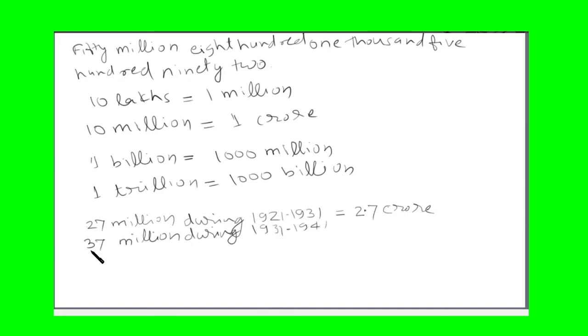The increase in population was 37 million during 1931 to 1941, which is equal to 3 crore 70 lakhs or 3.7 crore.